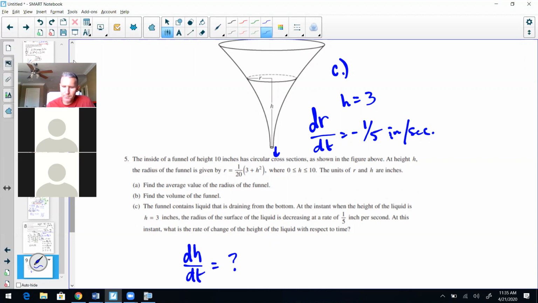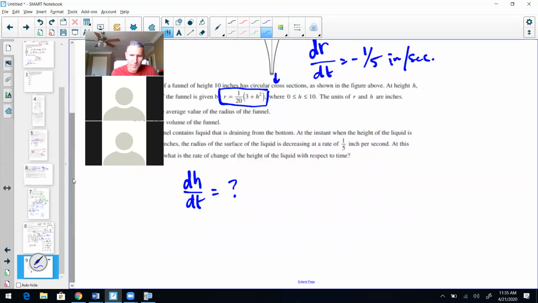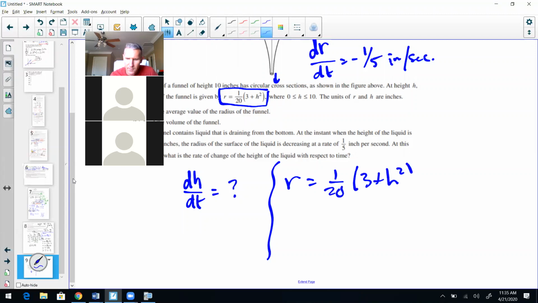Well, they give us that, so here's what we have, right? If I just implicitly differentiate this with respect to time for C, so R equals 1/20 times 3 plus H squared. Let's differentiate with respect to time.